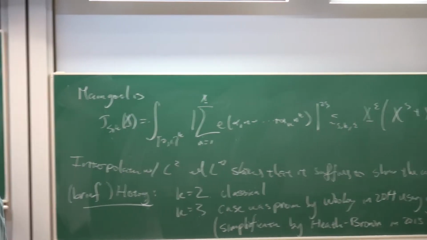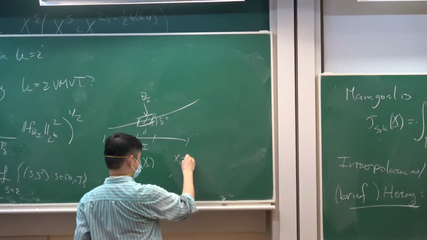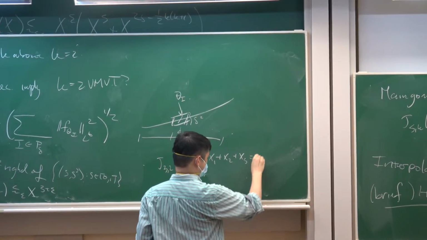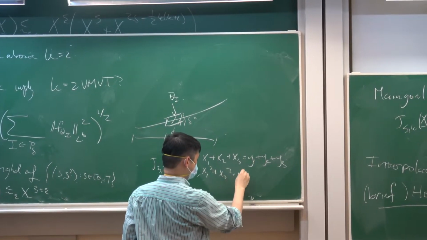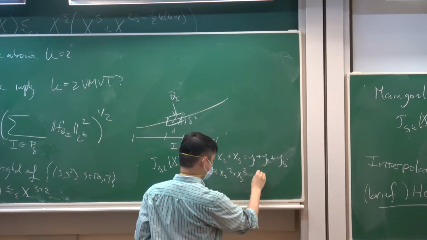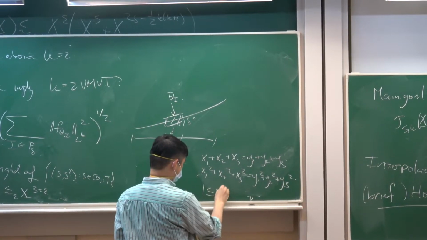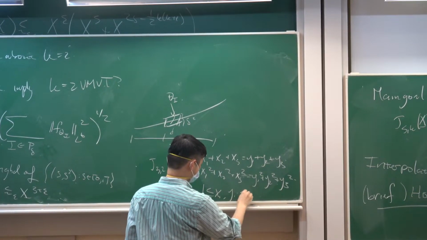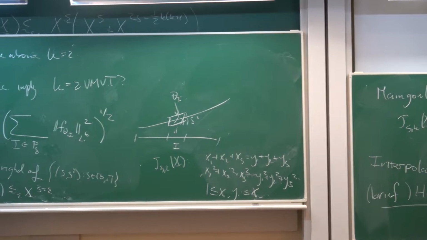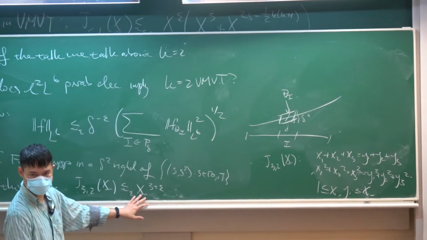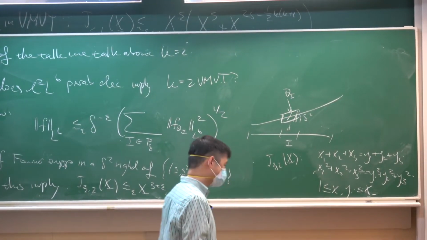What's J_{3,2}? J_{3,2} is the number of solutions to this system where the variables lie between 1 and x. And of course, the conjecture, now theorem, is that J_{3,2}(x) is bounded by x cubed, basically. In other words, the number of solutions in the system is basically the diagonal solutions.